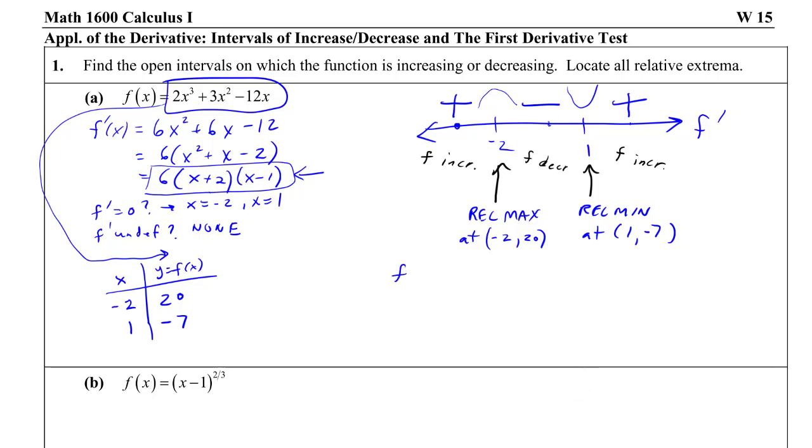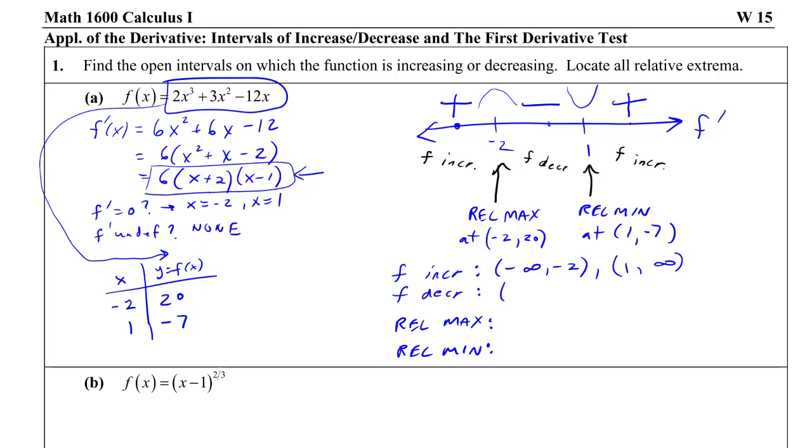All right, summarizing, we'll list where f is increasing, where f is decreasing, where we have some relative max, and where we might have a relative min. It was increasing on negative infinity to -2, and on 1 to infinity.